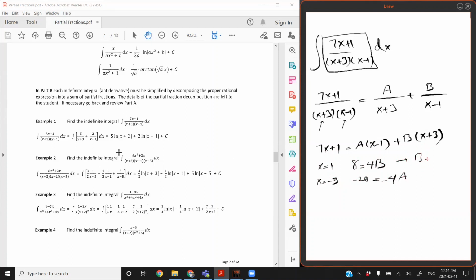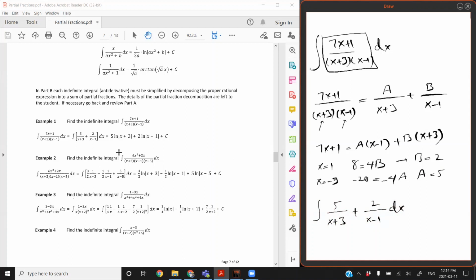So that gives me B is 2 and A is 5. So that means this antiderivative can be written as A, which is 5 over x plus 3, plus B, which is 2 over x minus 1. That would be my first step.